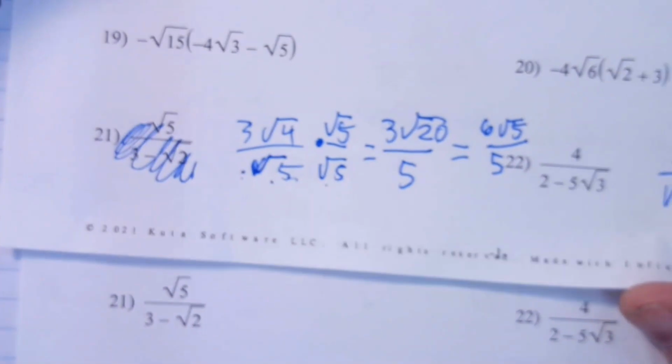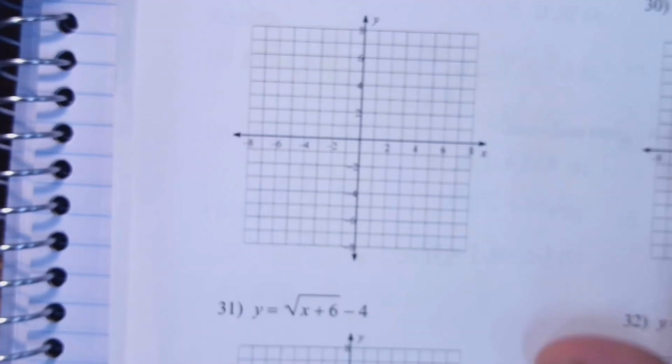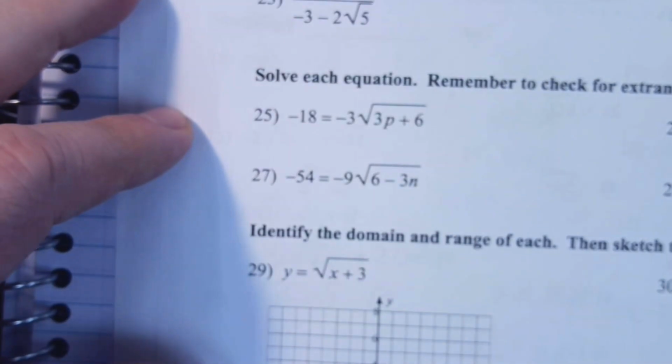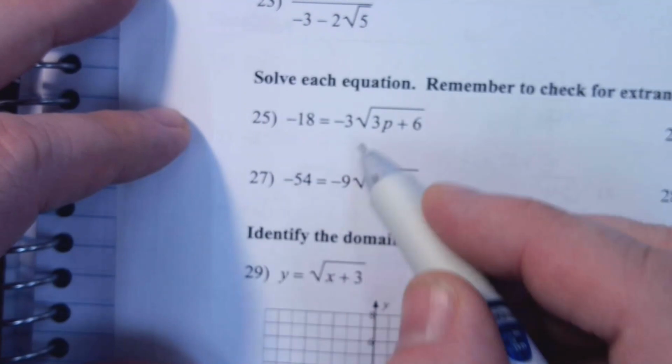All right, I'm going to keep moving on. Okay, now we're at 25. We're actually going to have to show work on those. Those are just regular old algebra problems, but we do have the radicals.